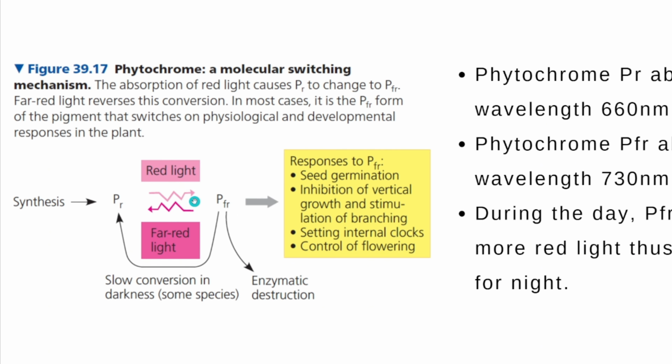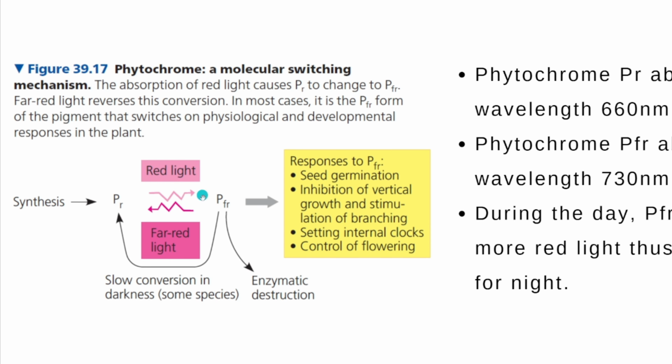PR is converted to PFR, meaning that the concentration of PFR pigment is higher. PR is lower. So a high level of PFR in long-day plant will stimulate the florigen, the inactivated florigen becomes activated. So this florigen hormone becomes the flowering hormone to induce the long-day plant for flowering.